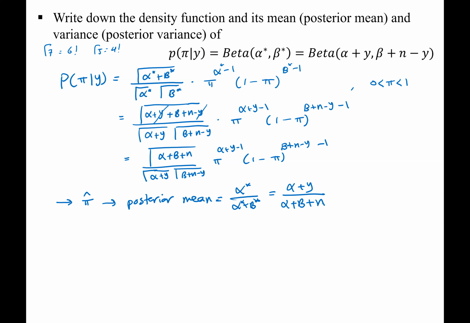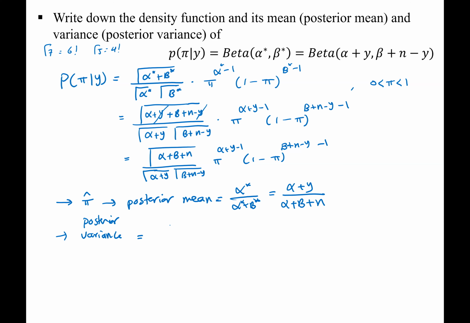So this is the estimation for pi using the Bayesian approach when I use a conjugate prior beta distribution. If I'm interested in the variance of the estimator, it is called the posterior variance.